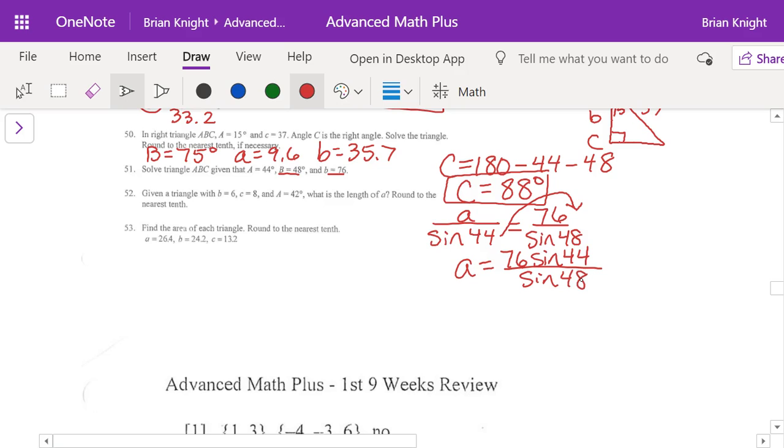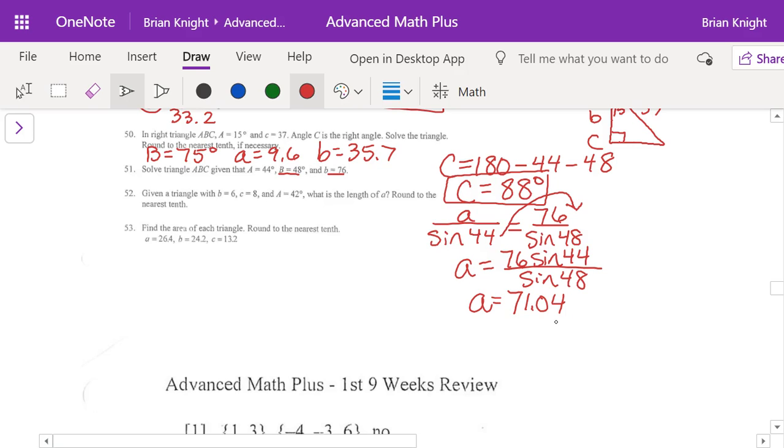Put that in your calculator. You should see that a equals 71.04. So if I'm getting not that, what did you get? I got negative 1.75.